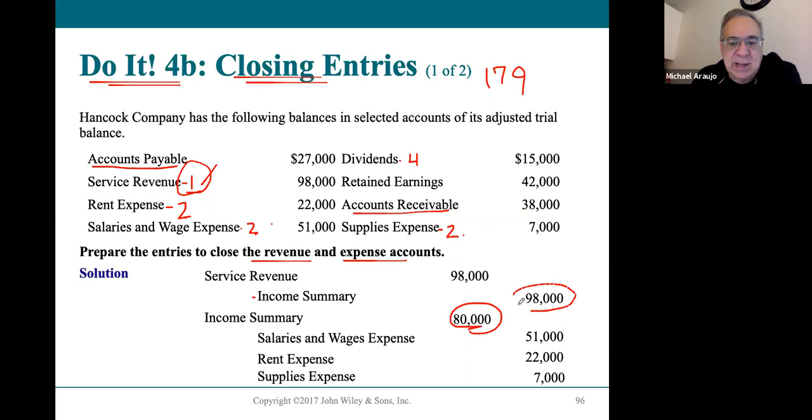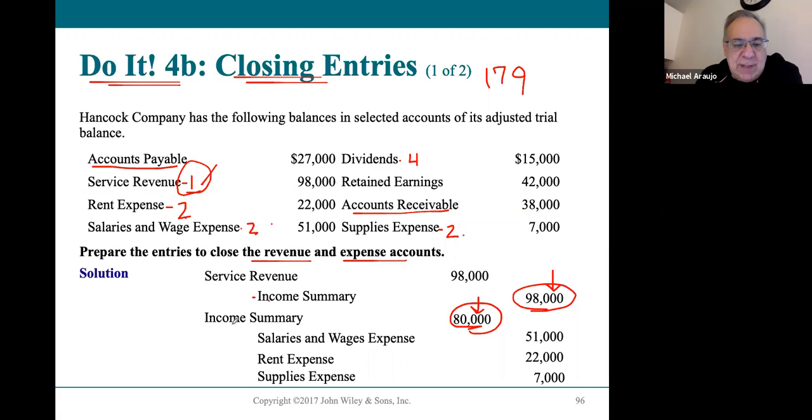So what's in income summary right now is all the revenue, 98,000, and all the expenses, 80,000. If you knew that a company had 98,000 of revenue and 80,000 of expenses, you knew this company had a profit of 18,000. That's going to be the net income.